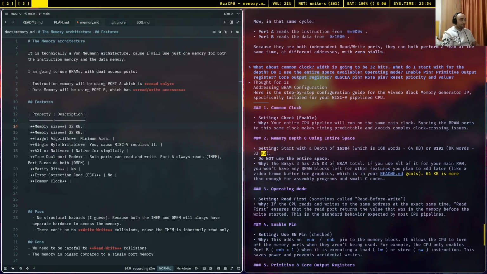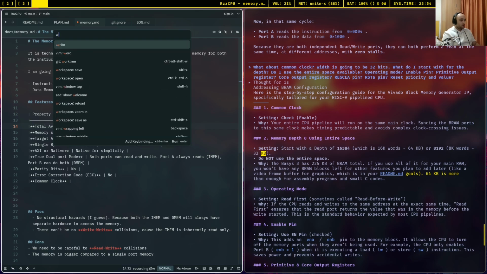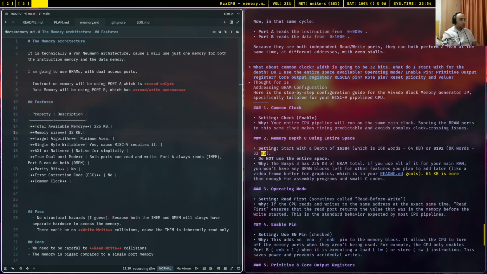Okay, so total available memory is going to be 225 kilobytes. For now, we're going to go with 32 kilobytes.